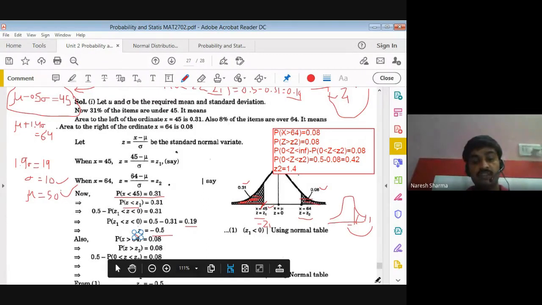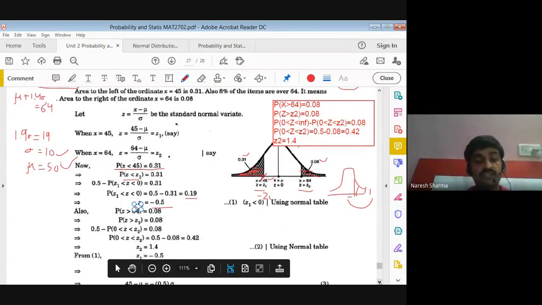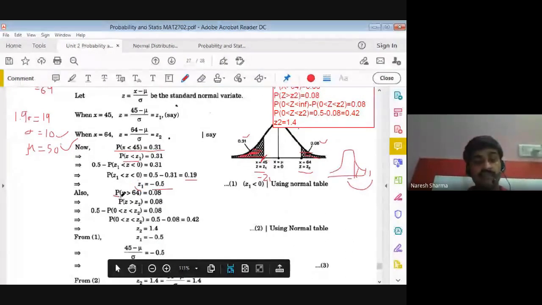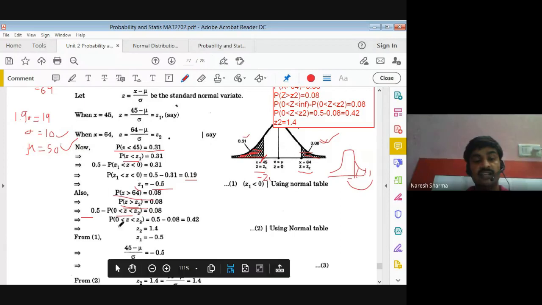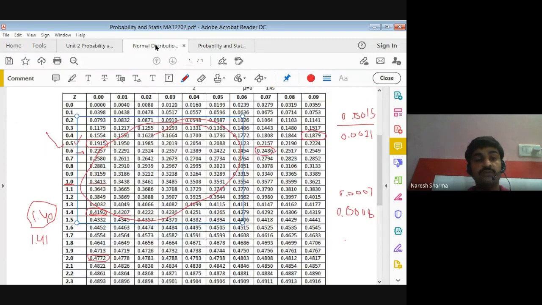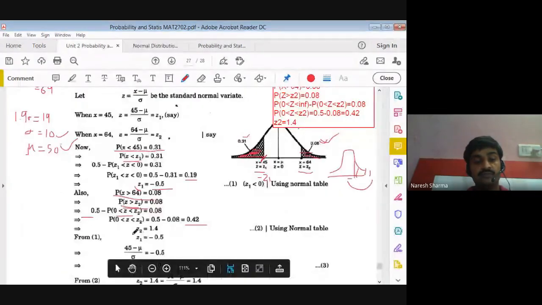Similarly, you do the same calculation for 64, that is more than 64, which is given as 8%, that is 0.08. So when x is 64, we assume z is z2. This can be written as 0 to infinity minus 0 to z2, that is 0.5 minus 0.08. Now just rewrite this. We get the probability equal to 0.42, and just check the table for 0.42. We get the value of z2.